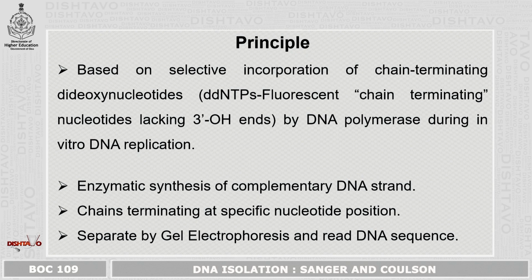Now, these are added by DNA polymerase during in vitro DNA replication. There is enzymatic synthesis of the complementary strand of DNA. Chain terminates at specific nucleotides, that is the dideoxy nucleotide, then followed by gel electrophoresis and reading the DNA sequence.